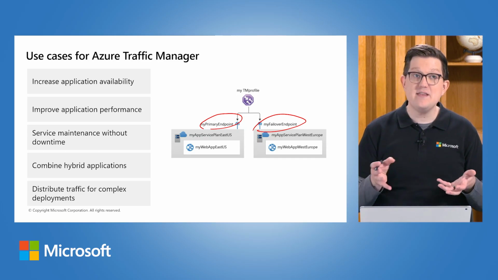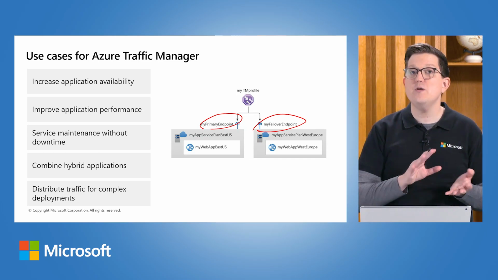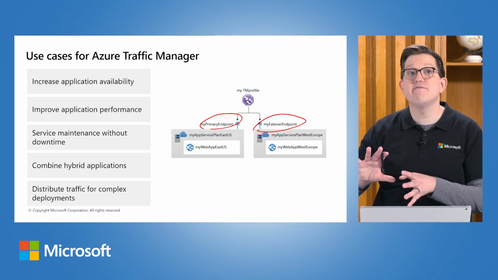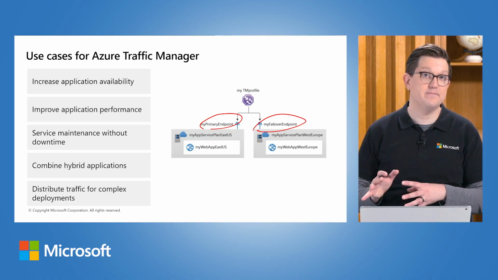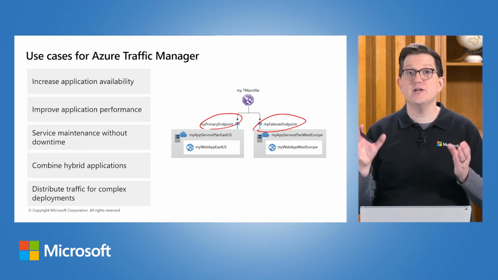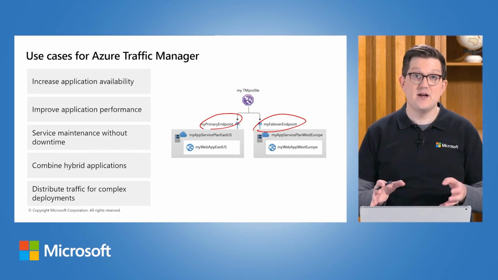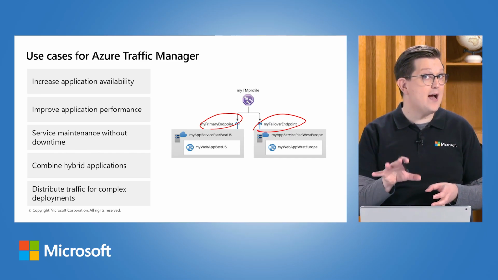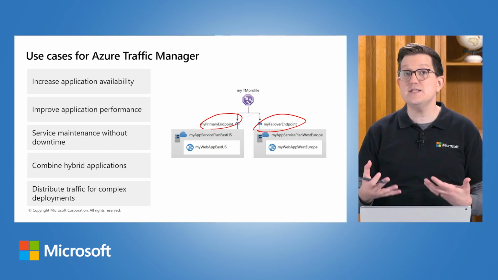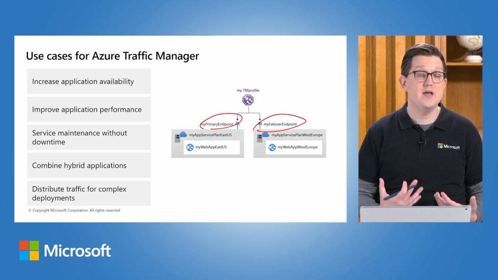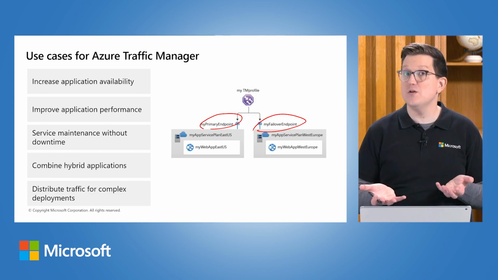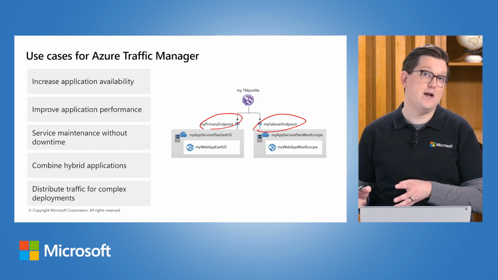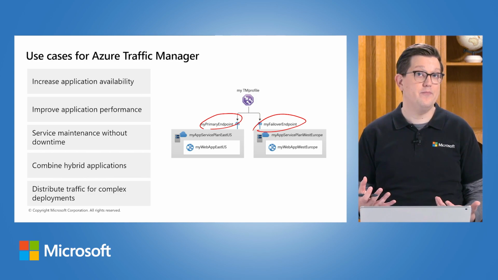And if anything ever goes wrong with our primary, we want to make sure that we can easily fail across to our secondary. Traffic Manager is designed for this scenario. Now, it can do many other things beyond that, but this is its core tenet principle. The ability to direct a user from one endpoint to another based on health.